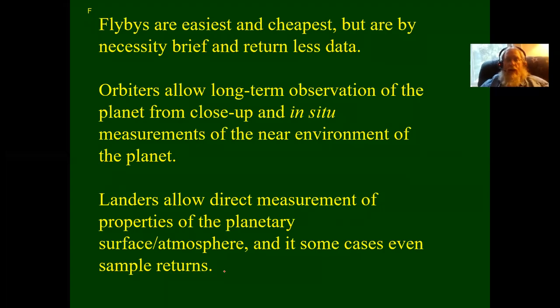Okay, so basically I had all this, except one thing I didn't mention is, besides that direct measurement leading to limited parts of the planetary surface or atmosphere, sample returns are one of the things you can do. We have sample returns from the moon, both from manned missions and from unmanned missions.